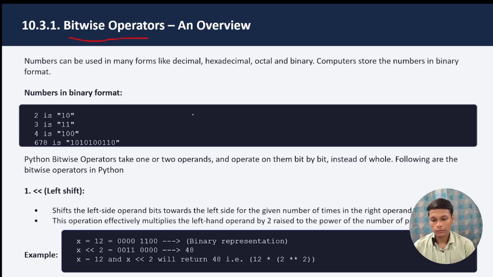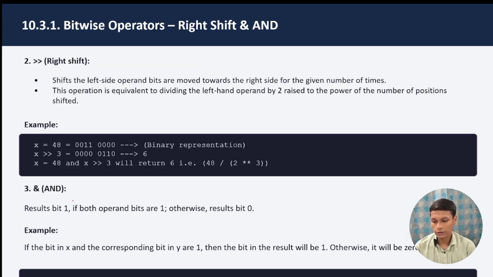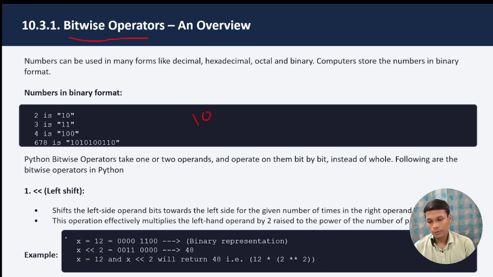But in bitwise we do comparisons and any type of operation like right shift, left shift, and, or, not on their binary numbers. What is the binary number of 2? The binary number of 2 is 10. Okay, it means the operation you do will also update the number.